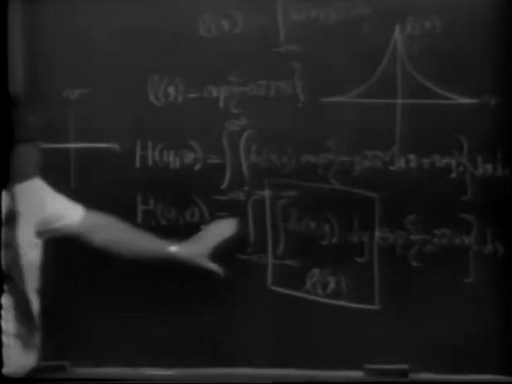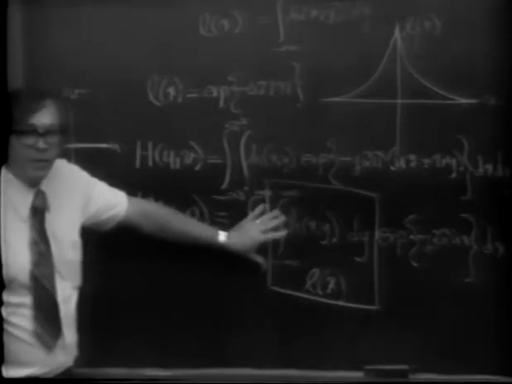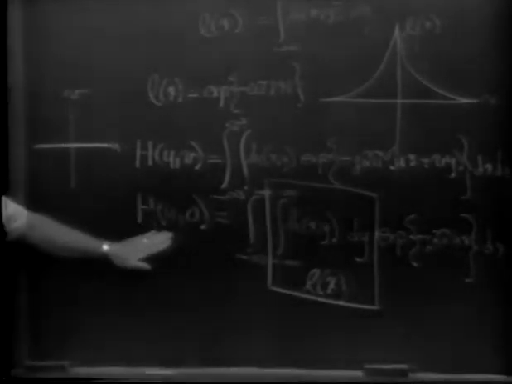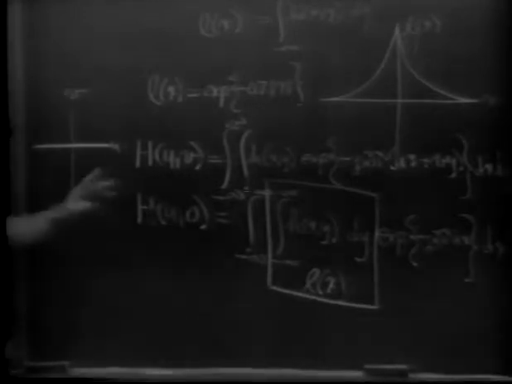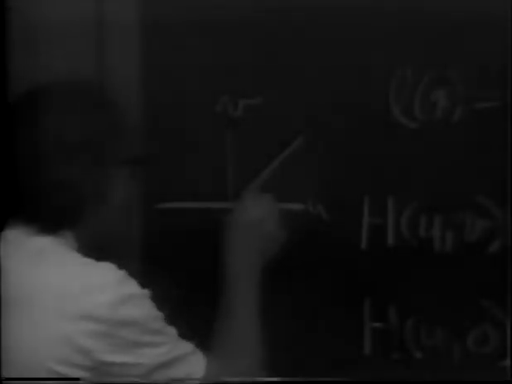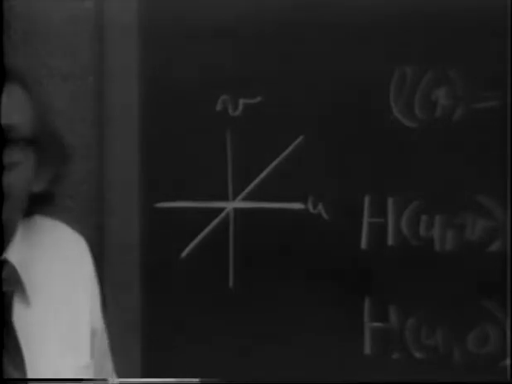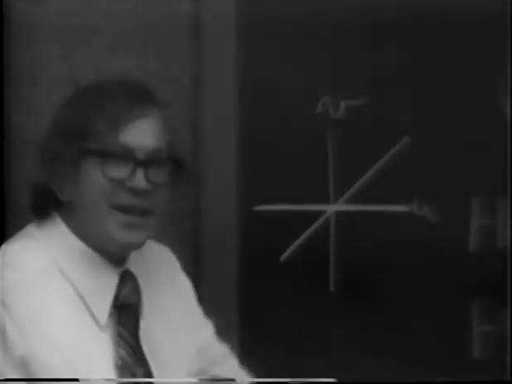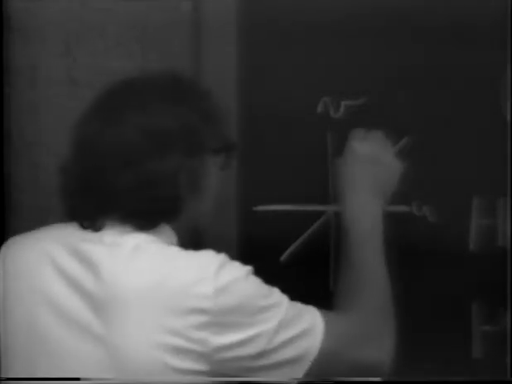If we now computed another profile function at a rotated angle, computed its one-dimensional transform, we would get another slice of the two-dimensional transform space. If we did it at yet another angle, we could get another slice.